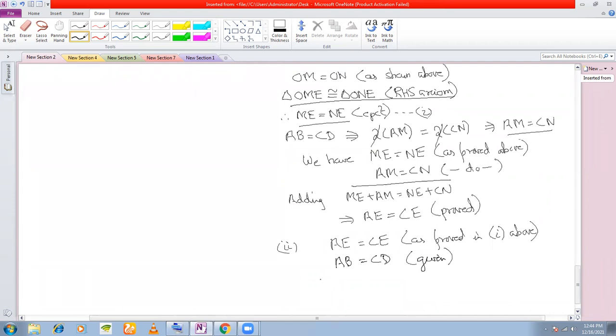Because we need to subtract the lengths of the chord, we subtract these two. So what do we get? AE minus AB must be equal to CE minus CD. So AE minus AB is what?